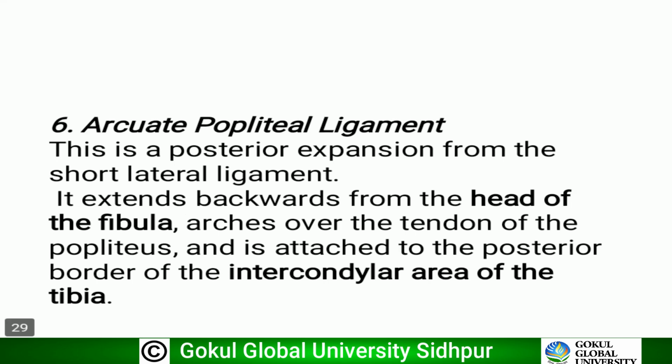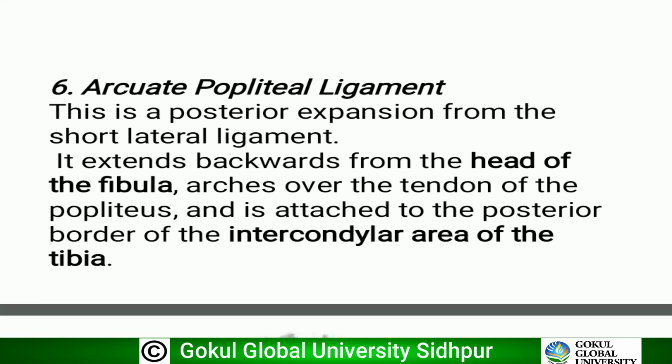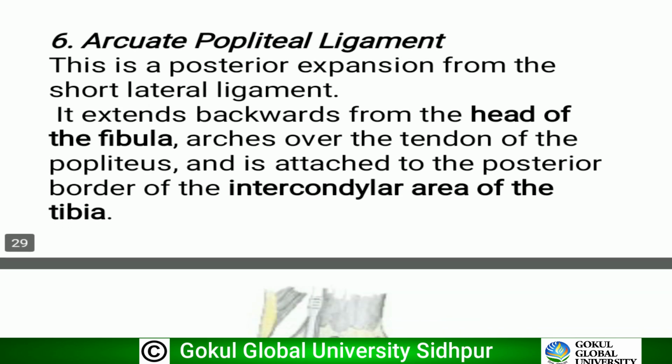Arcuate popliteal ligament. This is a posterior expansion from the short lateral ligament. It extends backward from the head of the fibula, arches over the tendon of the popliteus, and is attached to the posterior border of the intercondylar area of the tibia. Okay, arcuate popliteal ligament.